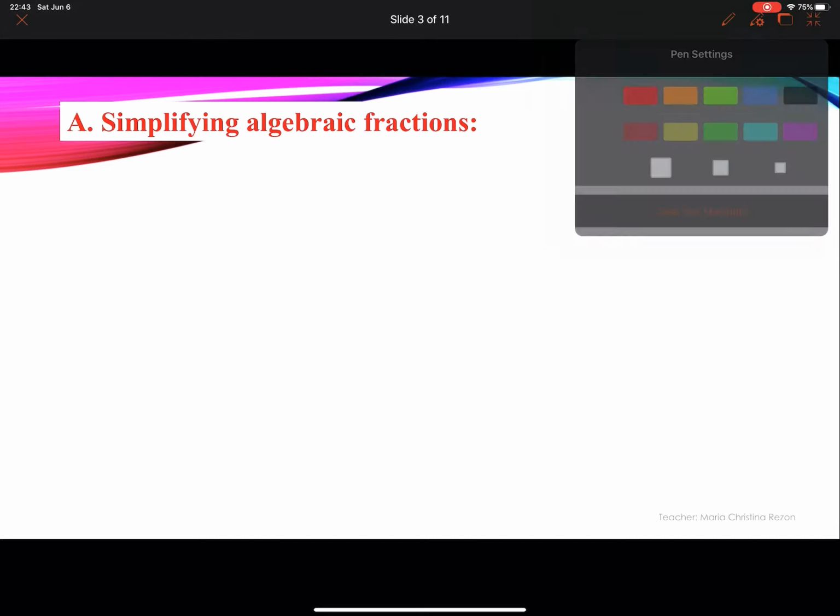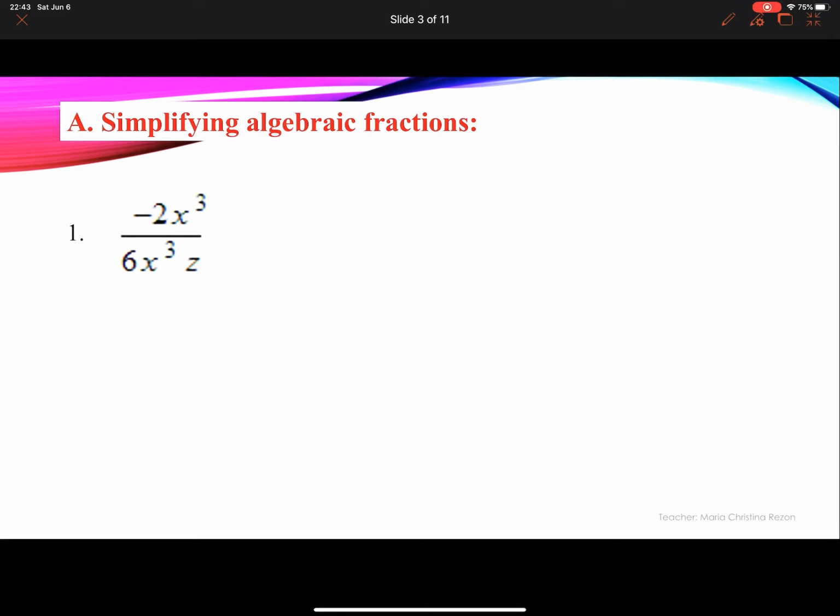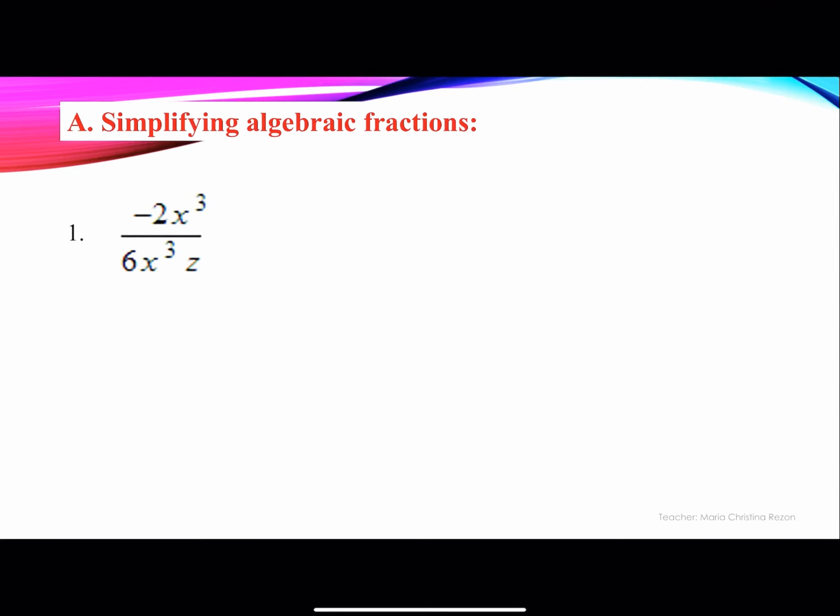So, let's try this example. You have negative 2x cubed all over 6x cubed z. Now, our numerator you cannot simplify, but our denominator, you can still factor 6. So we will have negative 2x cubed all over 6 factored as 2 times 3x cubed z, okay?